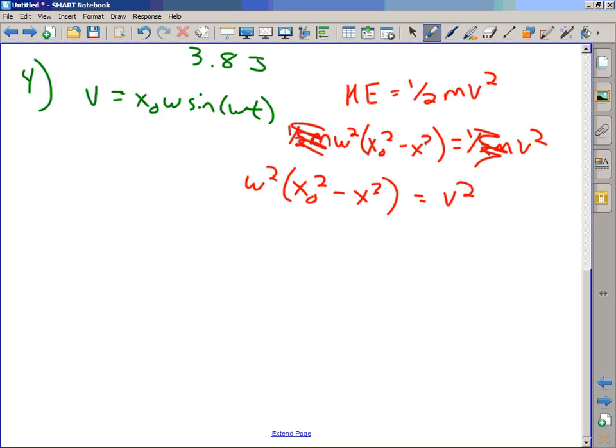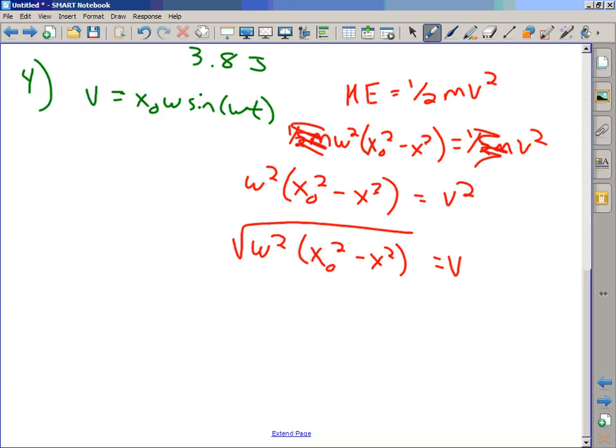I'm going to solve this through, because in your homework there was a derivation. This is the derivation to get to this other equation. I want to show you this along with solving it. V equals the square root of omega squared times x naught squared minus x squared. Everyone see that?